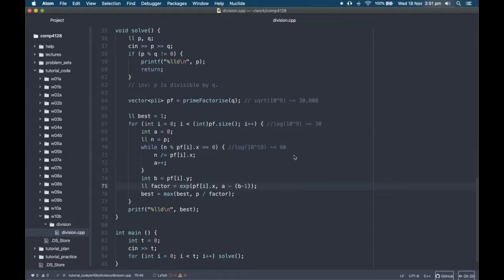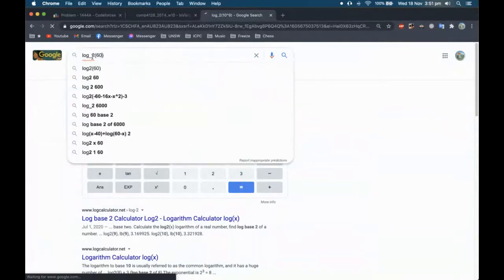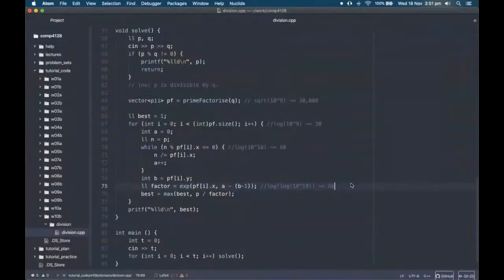Then over here, our exponential, if we did it slowly, would be the log of a, which once again is 60. But since we're doing it fast, we're taking a log of this, so it's going to be something very small, about 6.